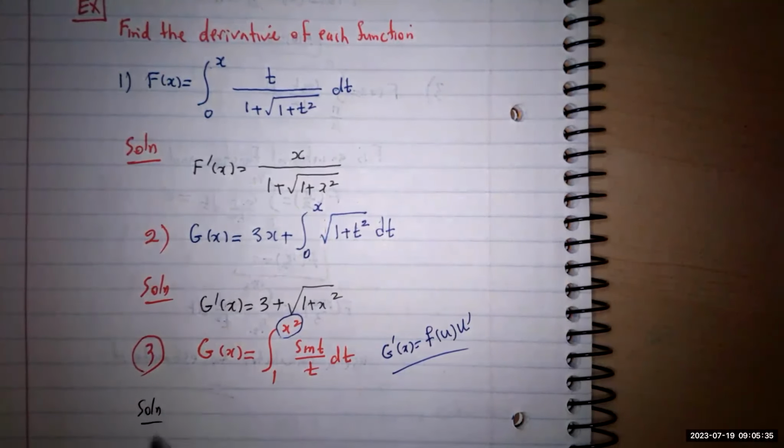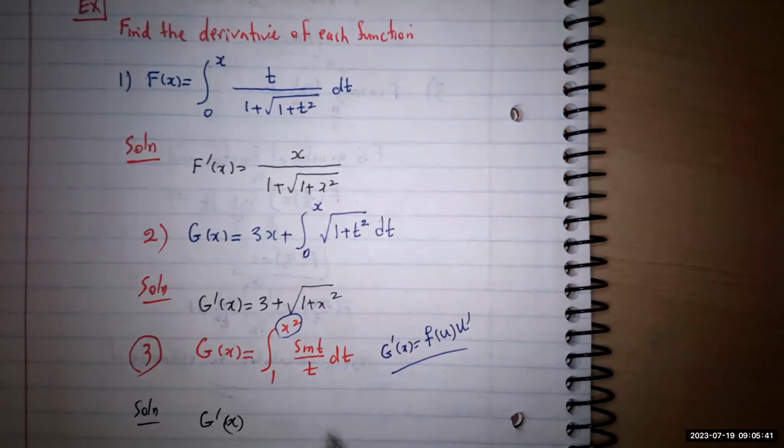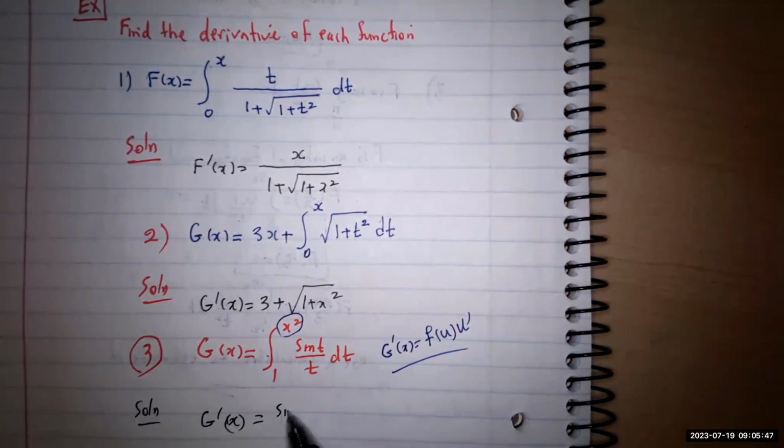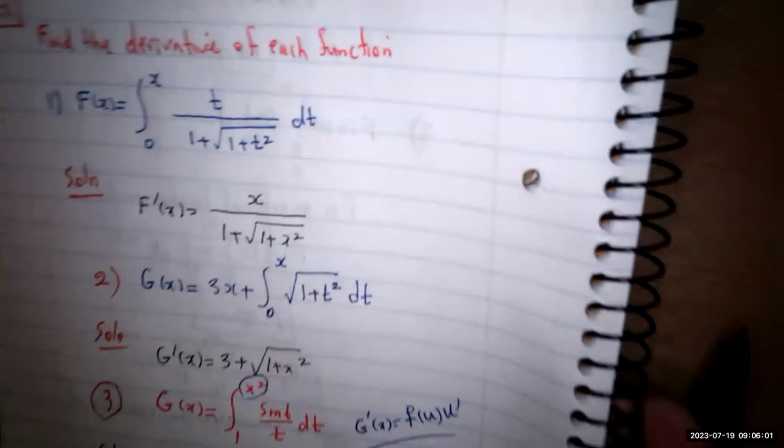Solution: g prime. Do the one that you did for all the other ones. We drop the integral, replace the t by x squared now. It's going to be the sine of x squared divided by x squared, but you're not done. Since it's x squared, you have to multiply by the derivative of the x squared, u prime.